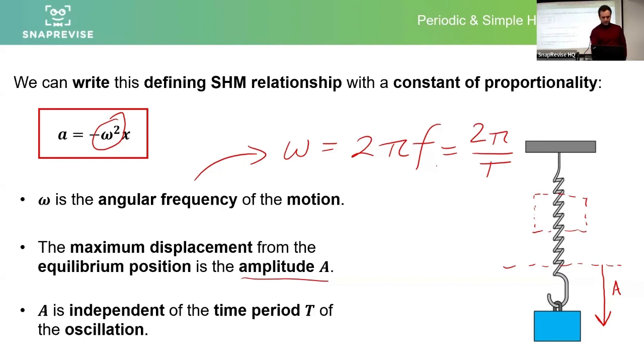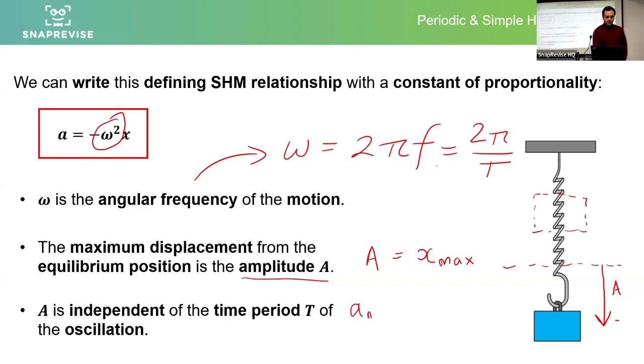Okay. Right, so the amplitude is the maximum value that x, our displacement, will take. If x is our displacement at a given time, A is the maximum value of that displacement.